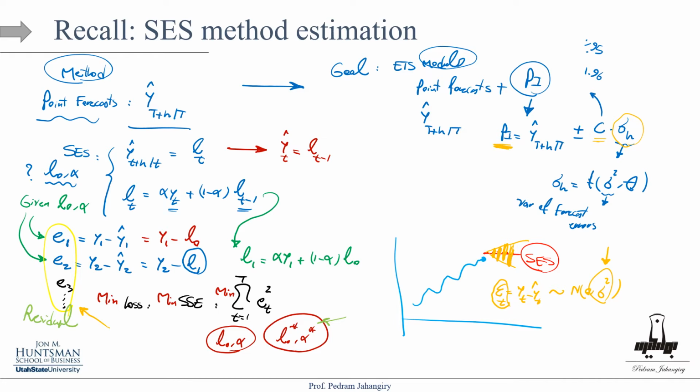So hopefully you're seeing why SES, or exponential smoothing methods, by construction are not able to give you prediction intervals, and we have to make an assumption. With that assumption, we can come up with an estimation for the forecast errors, and we use the variance of those forecast errors to come up with a prediction interval. So that's, at a high level, why we should go beyond exponential smoothing methods if we're interested in prediction intervals.